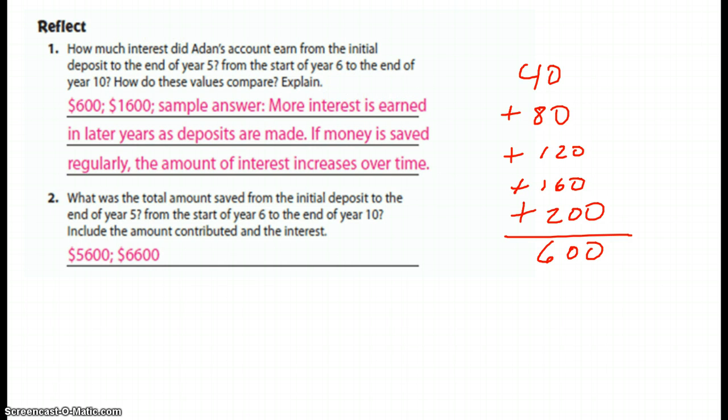Okay, so now we want to find out, what did he earn from the start of year 6 to the end of year 10? And we're talking about the interest now. So I'm looking at 240.